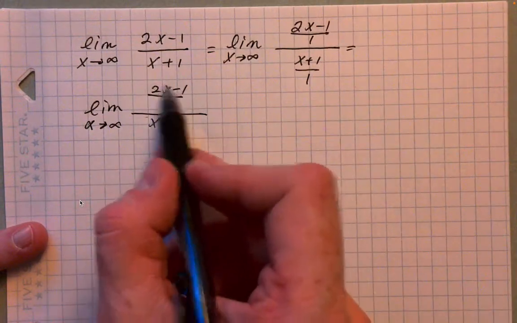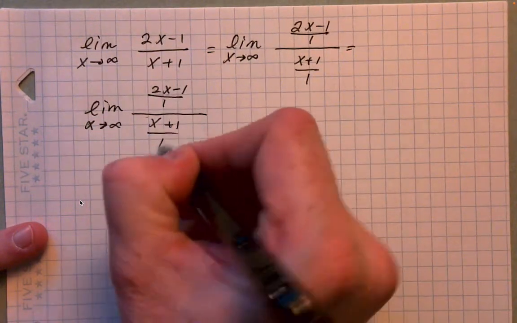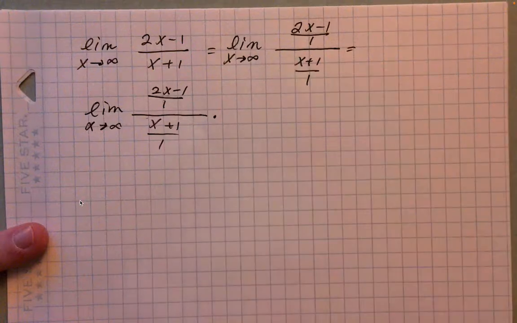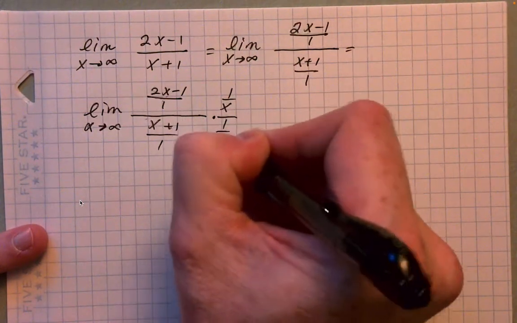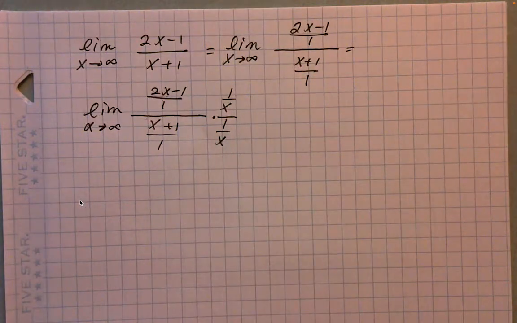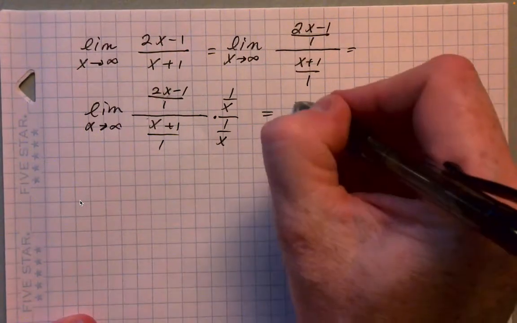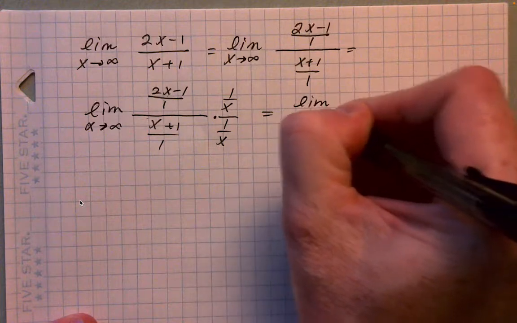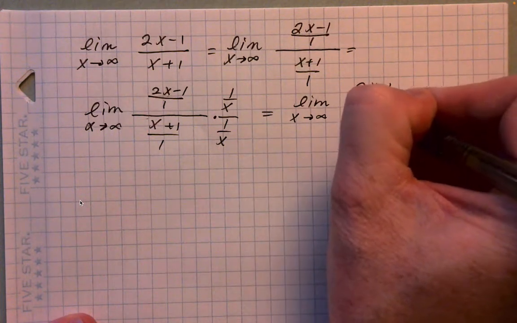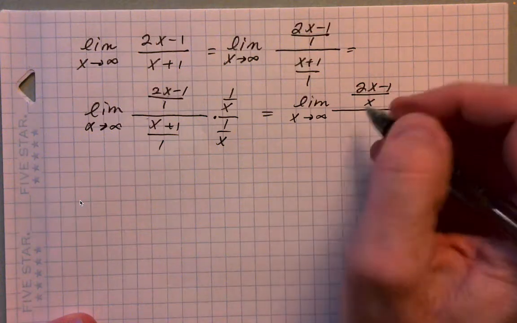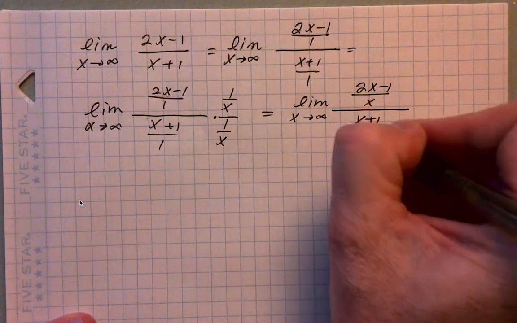The problem happens to be the x, right? So what if we multiply top and bottom by 1 over x? Like so. Just simplify that a little bit to see what that looks like. So you'd have 2x minus 1 over x divided by x plus 1 over x.